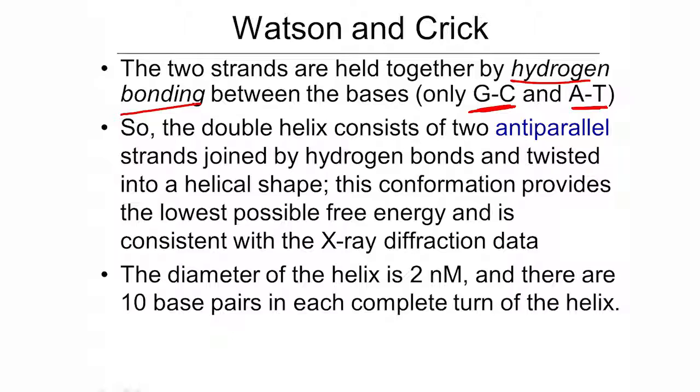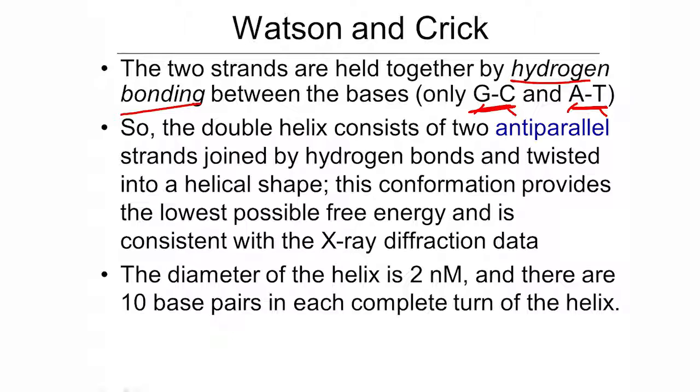By the way, one of the things they thought of first is that there has to be one pyrimidine, that would be the smaller one, and one purine in order to span the distance across the helix. So that was clear. You'll notice that that's a purine, that's a pyrimidine, purine, pyrimidine. So they knew that that should be true, but furthermore, the specificity of GC and AT is very important.